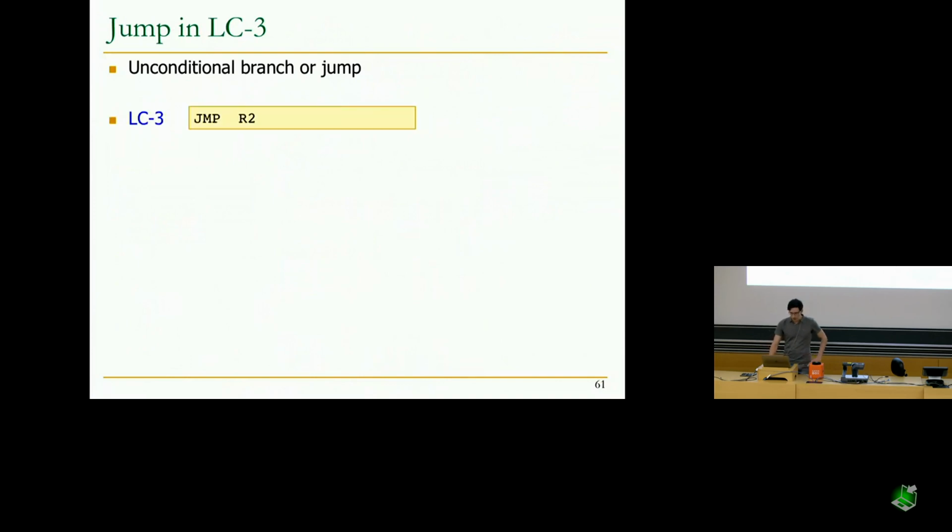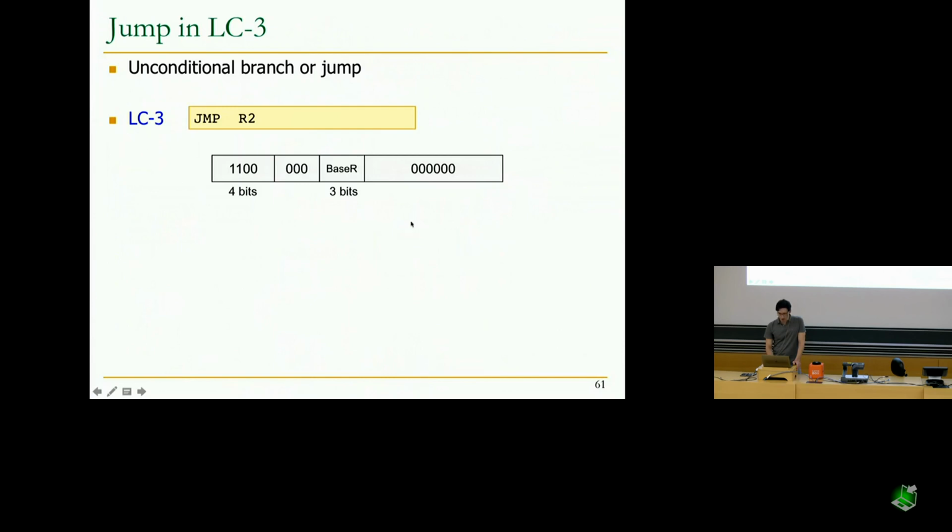So one of the instructions that we can use to change this sequence of execution is called the jump, or unconditional branch. In LC3, this instruction is called JMP, and it has this kind of format. This is the opcode 1100, and it has one base register.